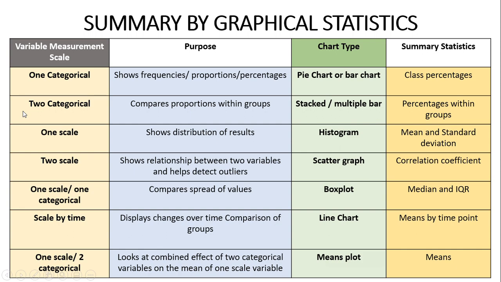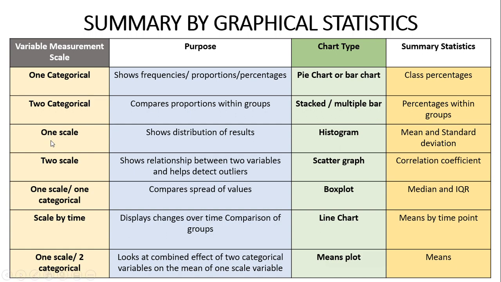Second, if your data is two categorical variables, then you should use a multiple bar or stacked bar as the chart type, if two ordinal or two nominal variables are there. Here you are trying to compare the proportion within the groups. This is the purpose, and for that you can use percentage within the groups as the summary statistic.